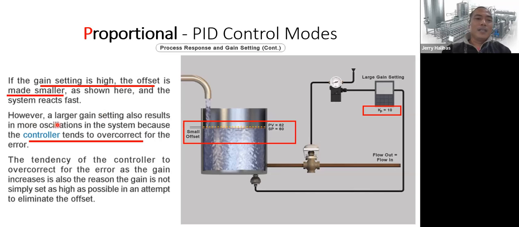However, a large gain setting also results in more oscillations in the system because the controller tends to overreact. So, ano yung problema? If you have a larger proportional gain, overreact siya always. Okay, dako kalit siya og saka, kalit siya og naong nana.